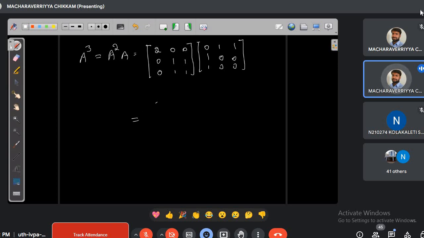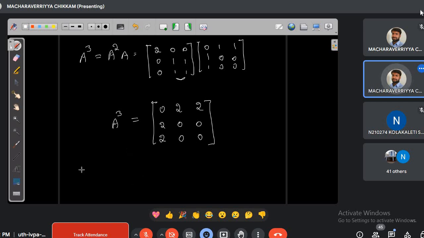So by multiplying these two, what do you get? The first column is the sum of these two columns, and next the first column. So this is what A cube is.